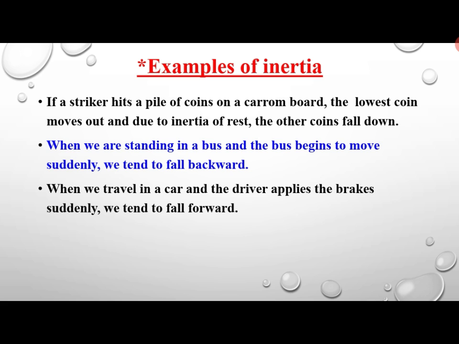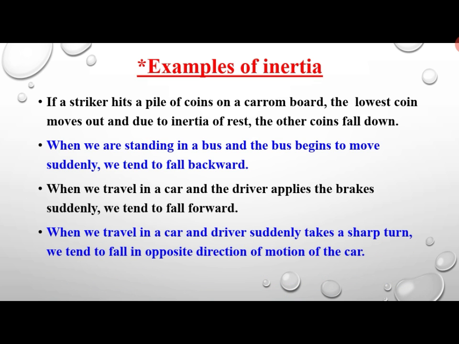When sudden brakes are applied, our lower portion which is in contact with the car seat comes to rest, but our upper portion is still in motion, and because of that we tend to fall forward. And this is an example of inertia of motion.